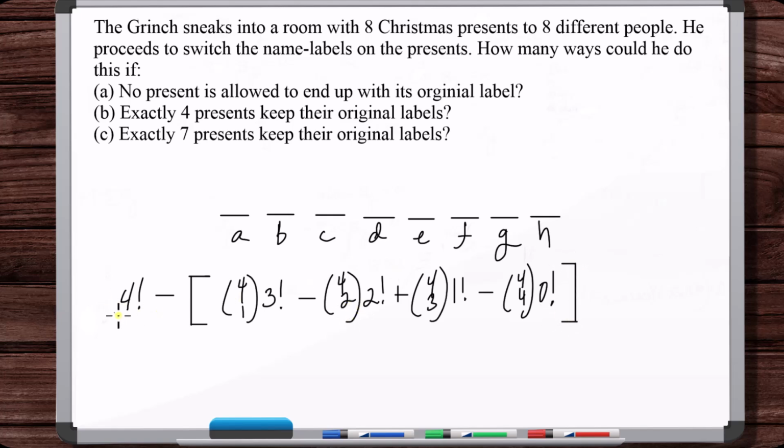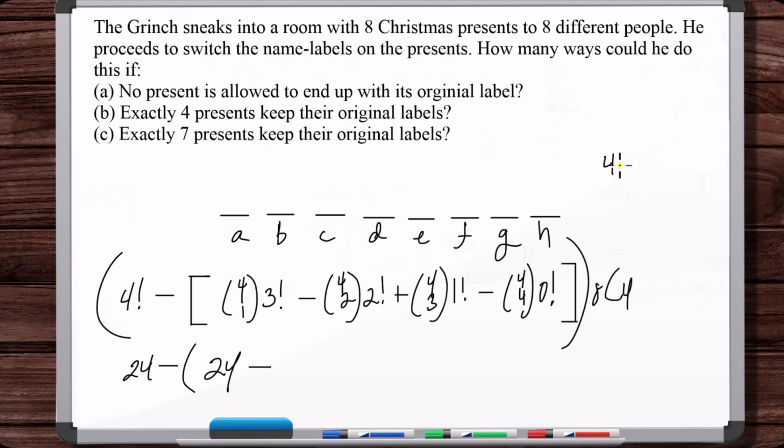Okay, but now we want to multiply this by 8 choose 4. So we've got, let's see, 24 minus, this is 4 times 3 times 2, so here's 24, minus, so 4 choose 2 is 4 times 3 times 2 is 6. So we've got 12. 4 choose 3 is 4, and this is 1.